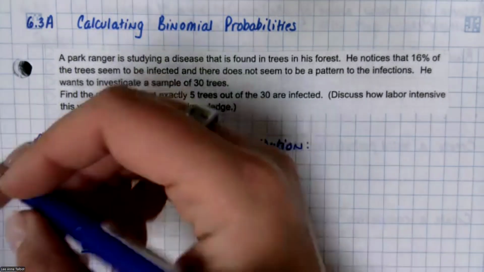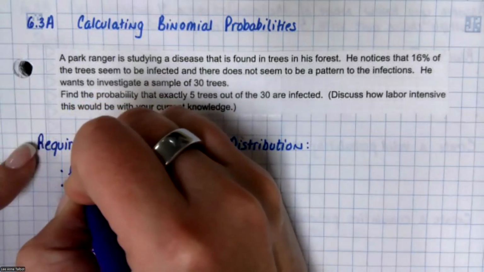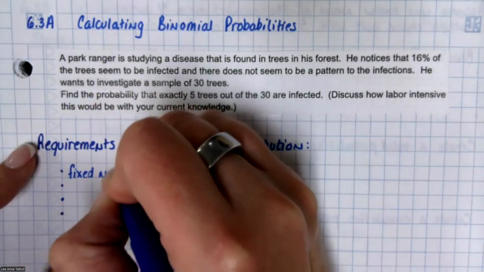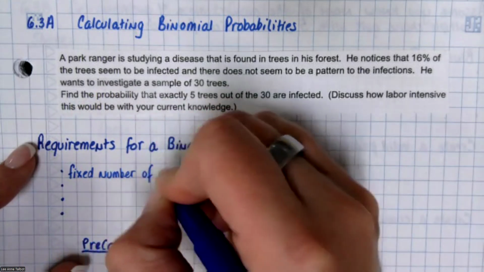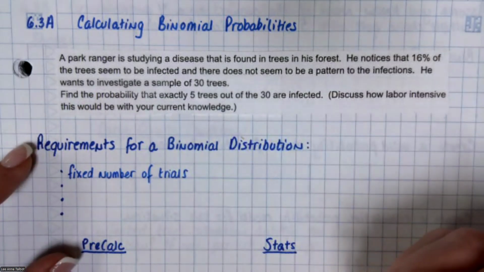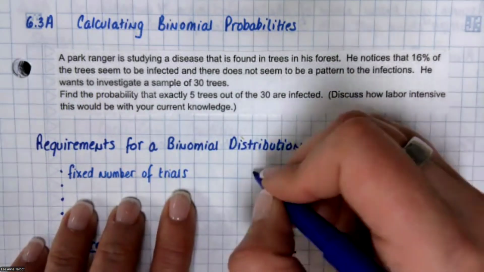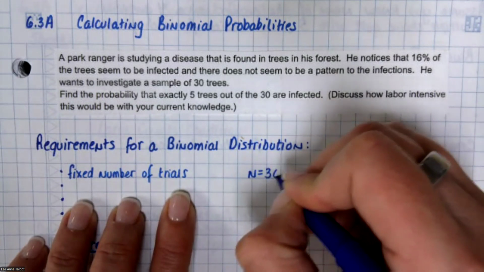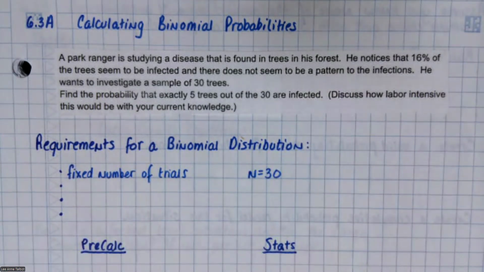Okay, I'm going to take that: fixed number of trials. In this particular problem, that is n equals 30. Fixed number of trials means you're trying it 30 times.